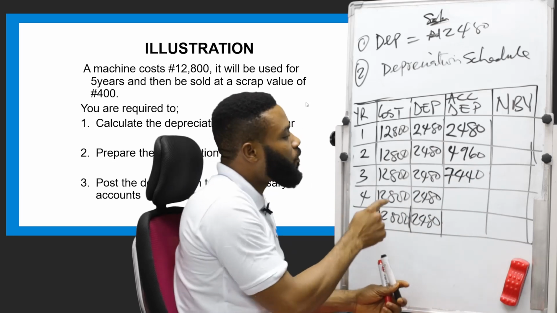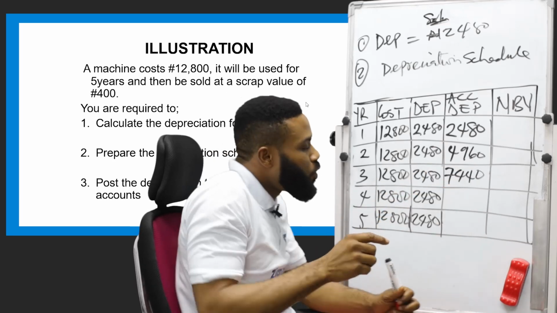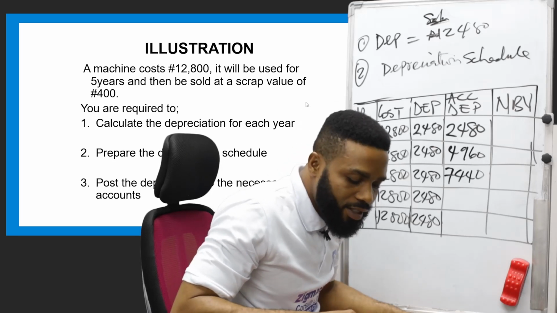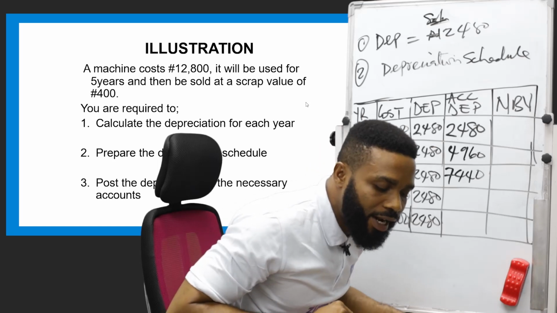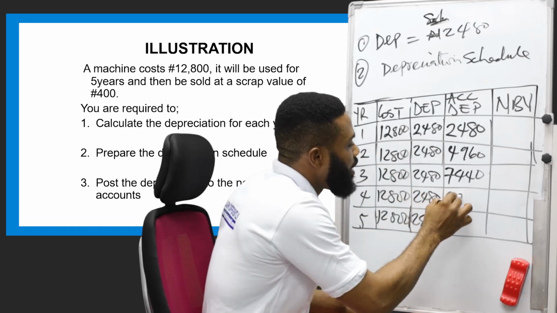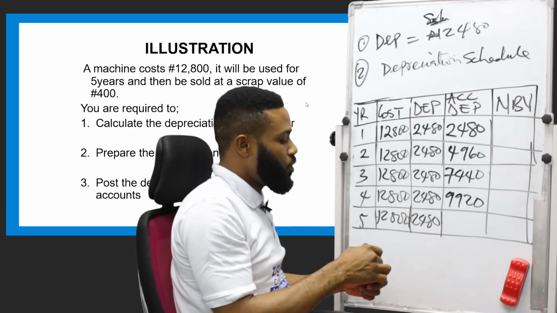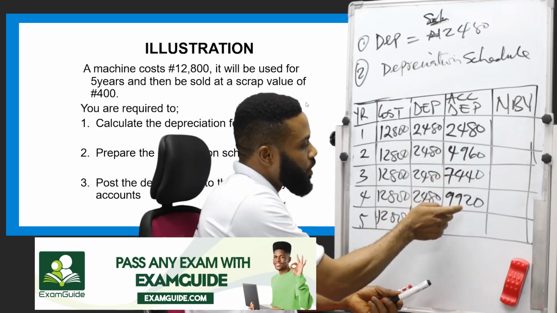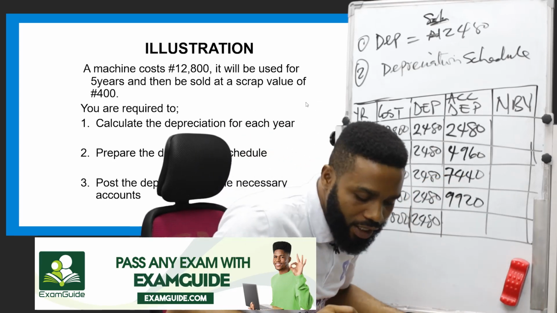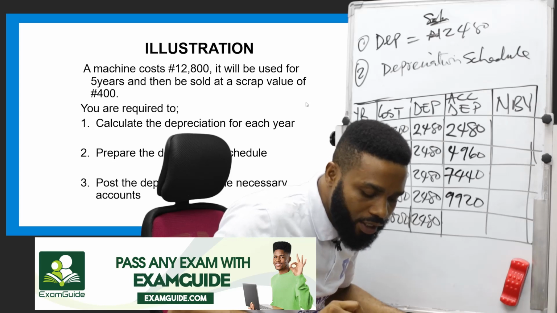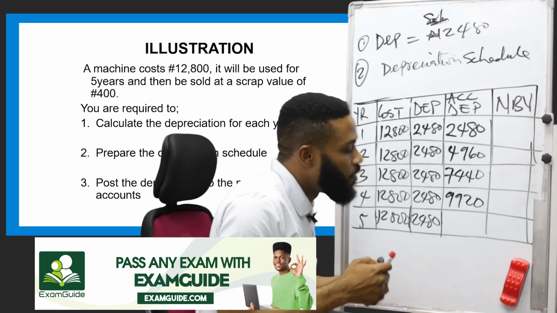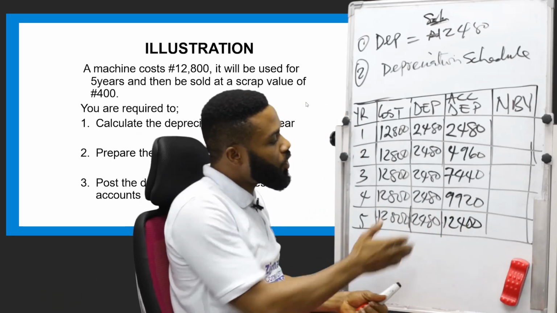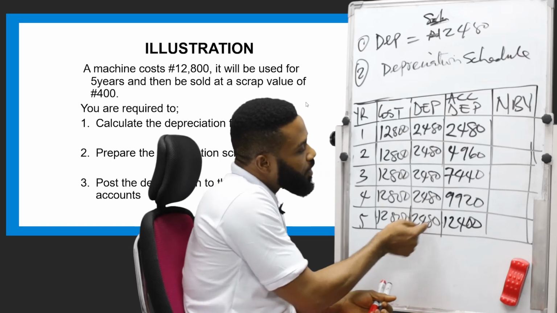And then you add again 2,480, and you have 9,920. You add here to this place to get here. And then the last but not the least is for you to add another 2,480 to have 12,400. So you can see now, when you add here to here, you get here.